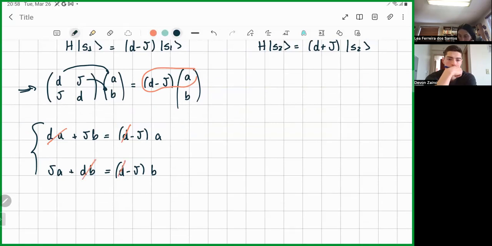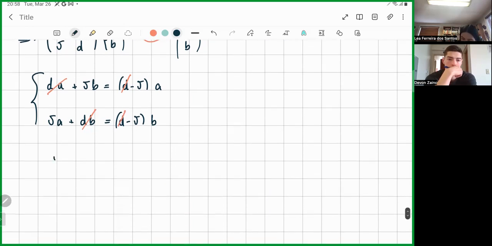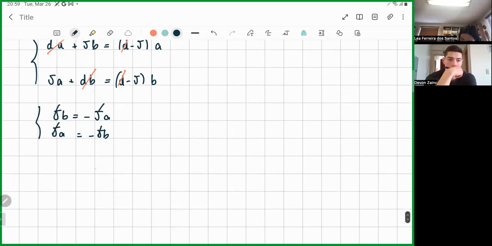So you see that these two equations became J B equals minus J A and J A equals minus J B. So we don't need this J around. What we see is that A is equal to minus B. So my vector is A and minus A.